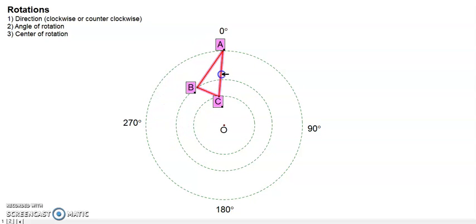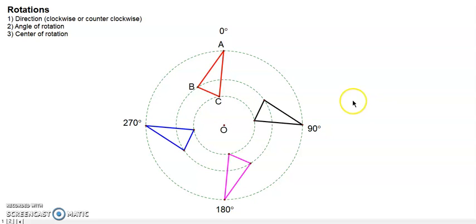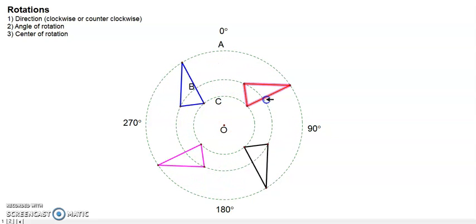So let's draw a picture of each one in each of its rotations. I've drawn all the rotations in 90-degree steps: 90 degrees, 180 degrees, 270 degrees, and back to 0 degrees or 360 degrees. It's fun to see how the shapes move around the circle.